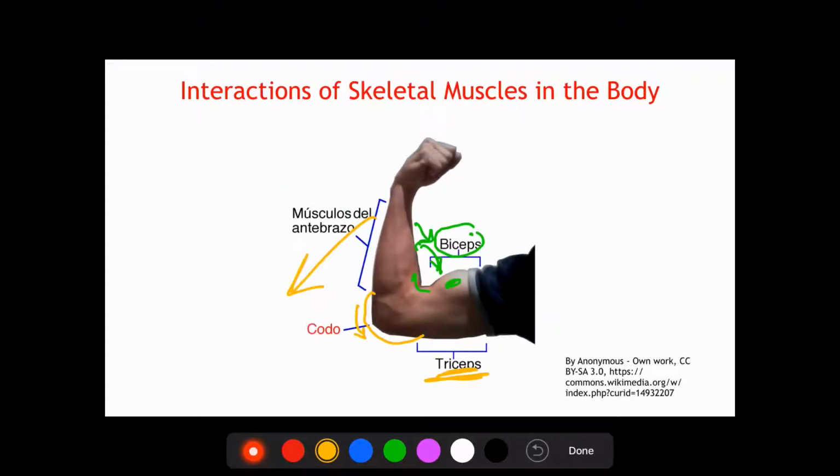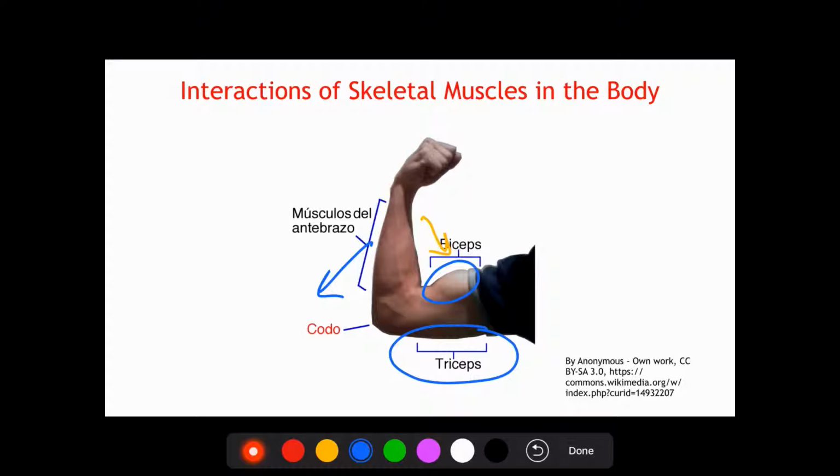So biceps are going to do the flexion. The triceps are going to do the extension. This is agonist, antagonist muscles. And it doesn't matter which one is the agonist, which one is the antagonist. It's like pairs.